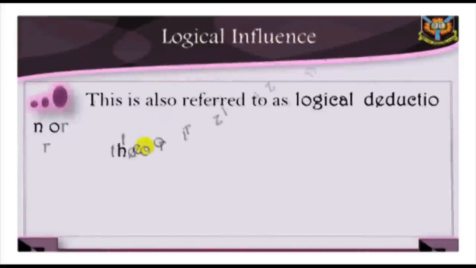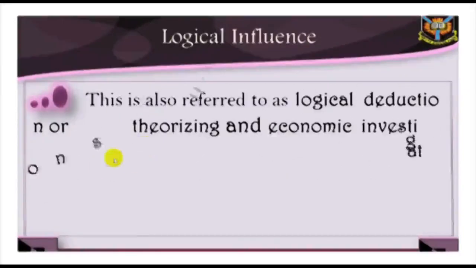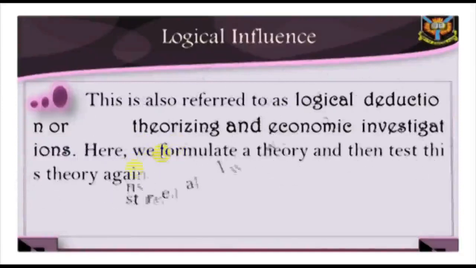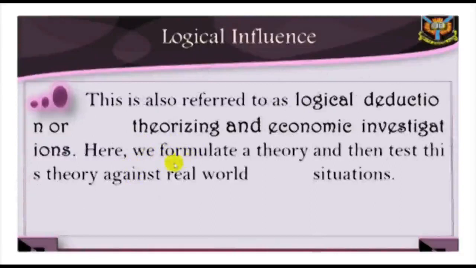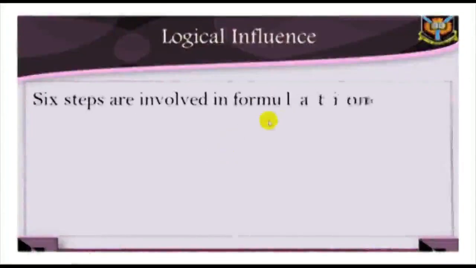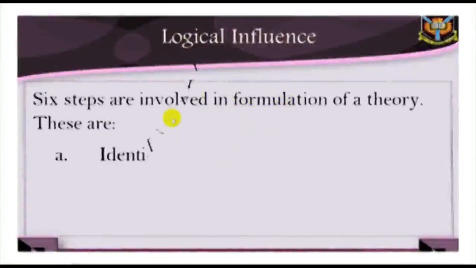Logical inference. This is alternatively referred to as logical deduction or theorizing and economic investigations. In this latter method, we formulate a theory and then test this theory against real-world situations. 6 steps are involved in formulating a theory.